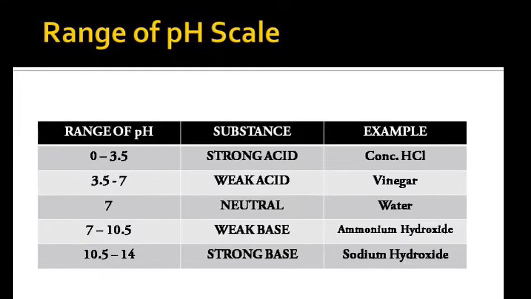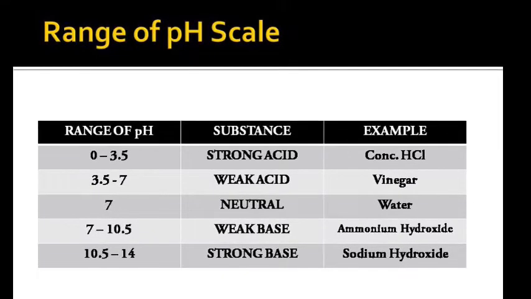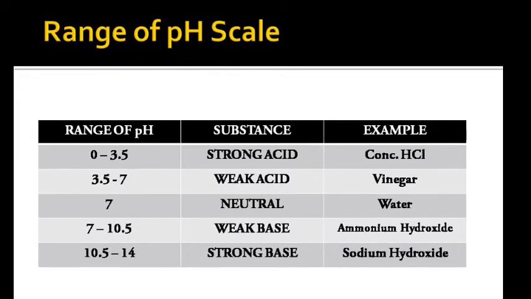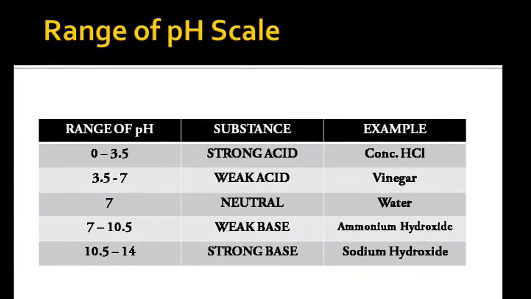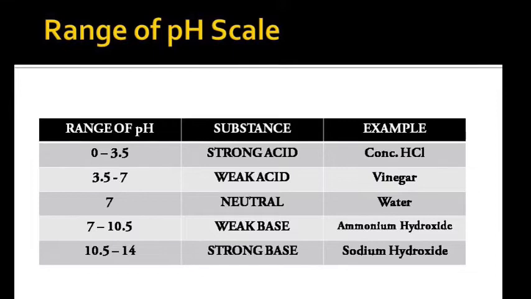If the pH value is exactly 7, the substance is a neutral substance. For example, water. Water's pH value is exactly 7. If the range of pH is from 7 to 10.5, the substance is a weak base. For example, ammonium hydroxide or NH4OH.